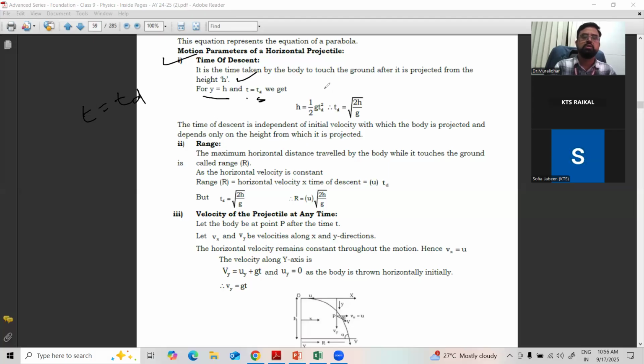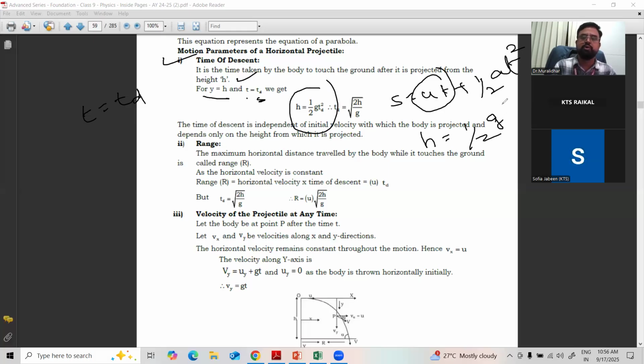We use the same formula: S is equal to ut plus half at square. As the initial vertical velocity is 0, S is nothing but h, the height, a is g, and t is td. So h is equal to half g td square. Taking terms to the other side, td square is equal to 2h by g.